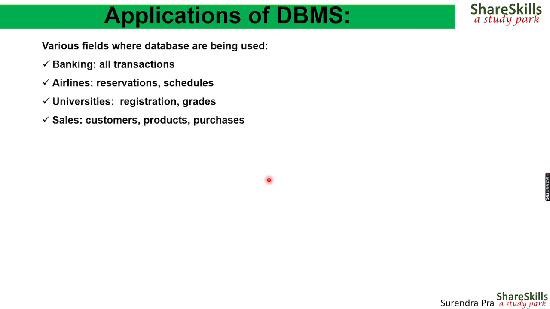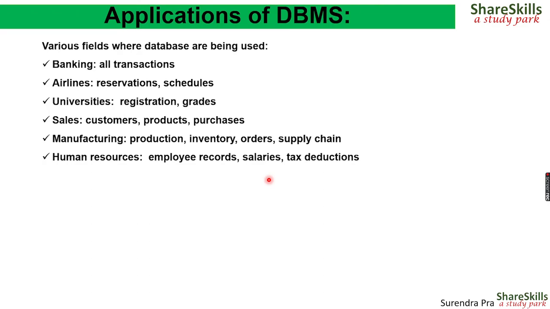Sales like customer production, purchase and making decisions, and manufacturing like production, inventory, orders, supply chains, and maybe for future planning. And human resources like employee records, salary, tax and tax deductions and other management. And then almost in all fields, database touches all aspects of our lives. Okay, so it's really important.